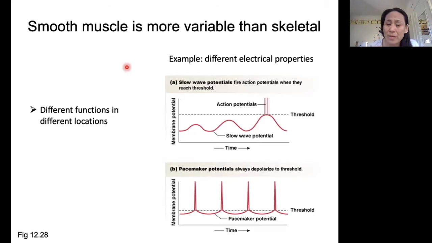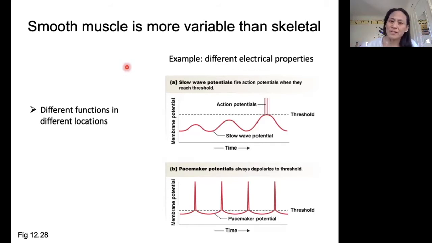You find smooth muscle in a variety of different contexts in your body. So smooth muscle is going to help your pupils constrict. It's going to move food along your digestive tract. It's going to constrict your airways. And those are very different jobs. So to reflect those different jobs, smooth muscle is going to have very different characteristics from location to location.